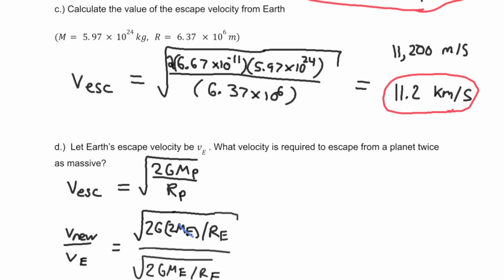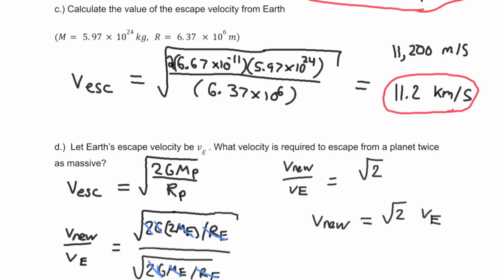Earth's mass cancels, big G cancels, the 2 cancels, and the 1 over r cancels, giving us V new divided by VE is just equal to the square root of 2. The new velocity is the square root of 2 times the escape velocity from Earth.